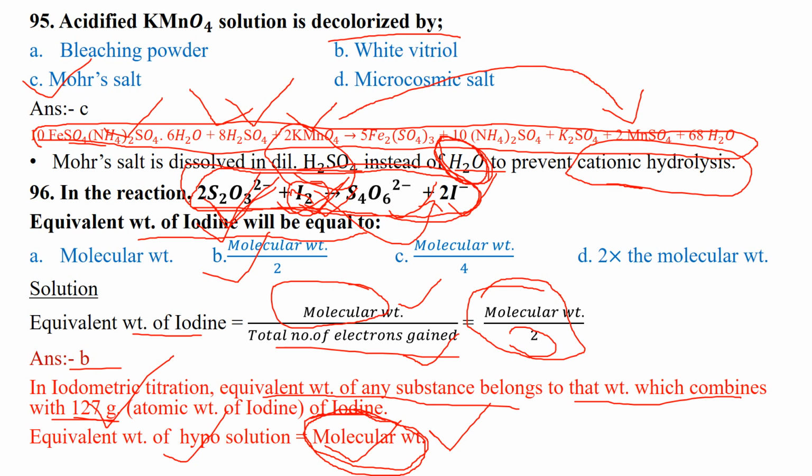According to these equations, what is the total molecular weight of iodine here? 2 into 127, because 127 is the atomic weight and there are 2 atoms. So 2 into 127 combines with 2 into molecular weight. Then 127 combines with the molecular weight. So this molecular weight will be the equivalent weight of hypo solution. Very important.